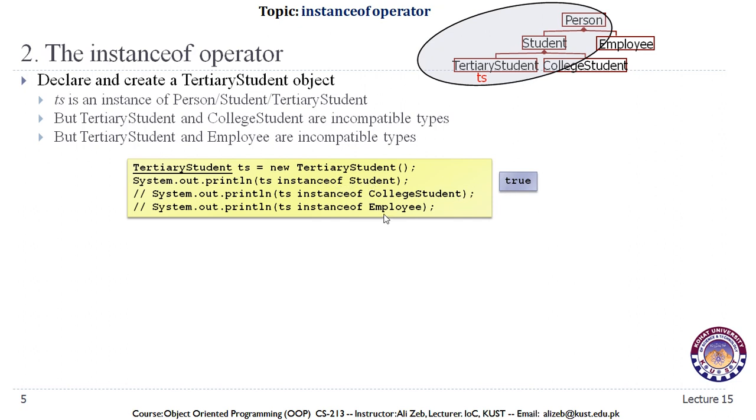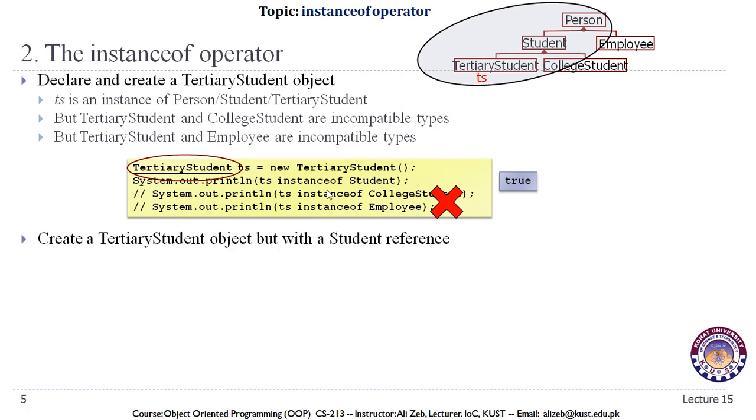As you can see, we get a true output for this comparison, but the others will not be compared and we will get a compiler error, because TertiaryStudent is used to declare this object, which has no direct relationship with the CollegeStudent or the Employee class.